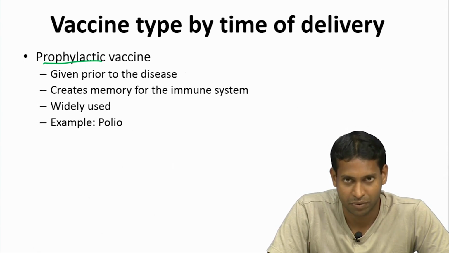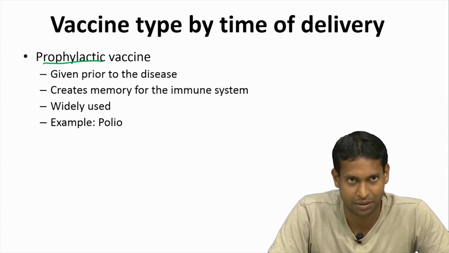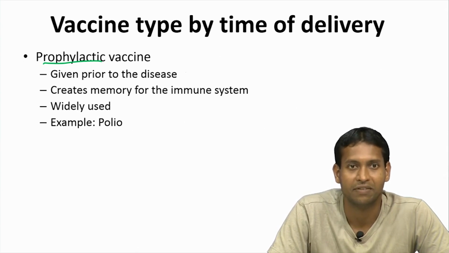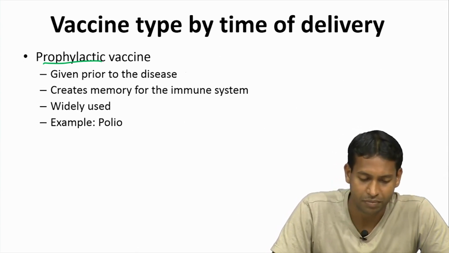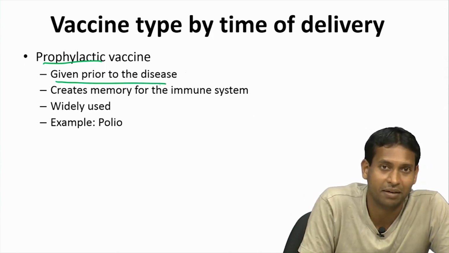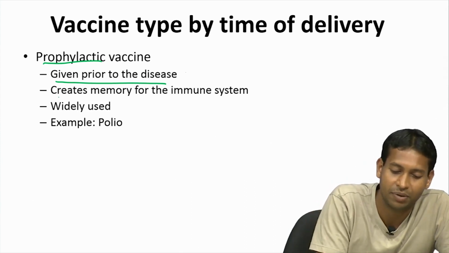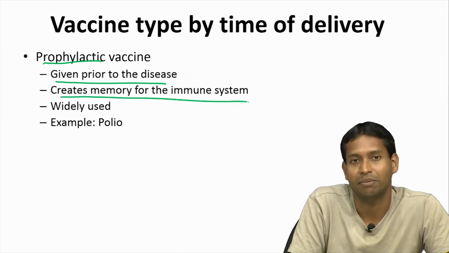As soon as the baby is born, it is actually mandatory that the vaccine is given to those babies. At this point, the virus has not entered the baby yet, but we are giving the vaccine. So, it is a prophylactic vaccine, and what it is doing is creating a memory for the immune system.